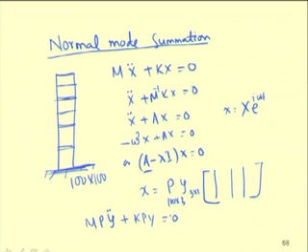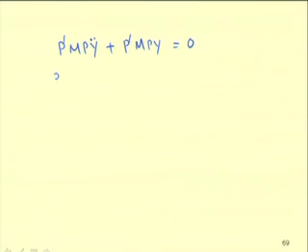Here M is 100 by 100, P is 100 by 3 and y is 3 by 1. Now, pre-multiplying by P transpose, one can write P transpose M P y double dot plus P transpose K P y equal to 0. P transpose is 3 by 100, M is 100 by 100 and P is 100 by 3.